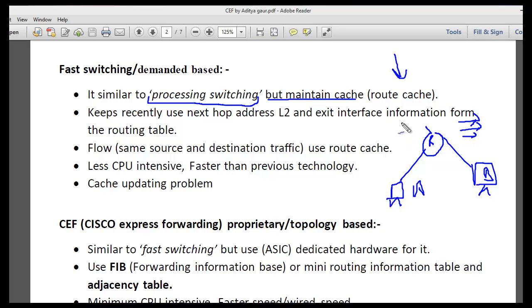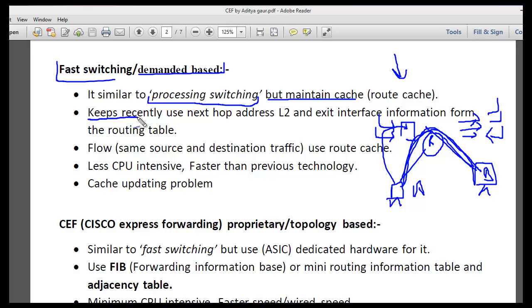So why not create a cache? If recently you forwarded a packet from computer A to computer B, or a bunch of packets are flowing from computer A to computer B, every time you don't need to go through the route lookup and next hop address lookup and all those things. You can cache that information and use it when you detect the same flow. This is what is known as fast switching or demand based switching.